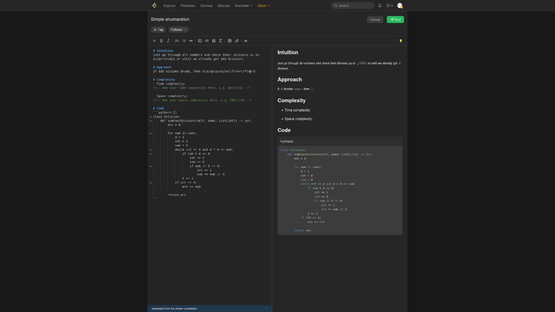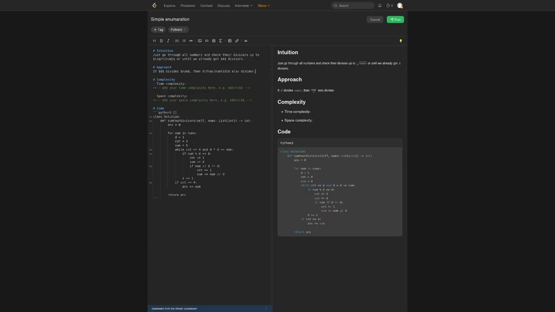Then I have the fraction num divided by D. I don't even need that, but okay.